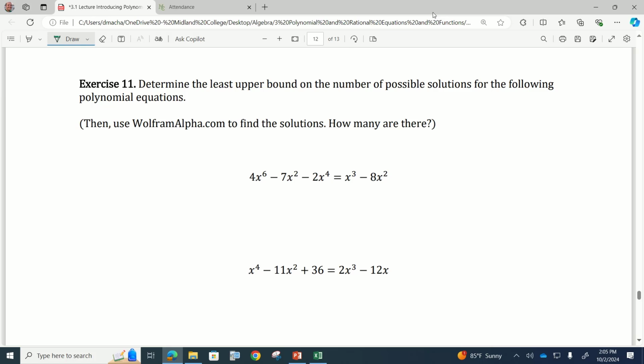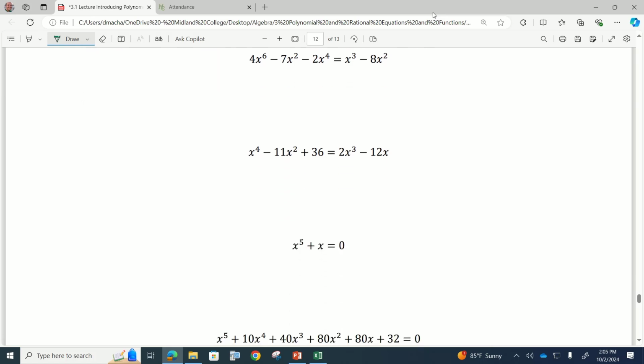And let's take a look at these examples. So looking at this equation, how many solutions are there? I think I heard somebody say 6. So the number of solutions is either 1, 2, 3, 4, 5, or 6.